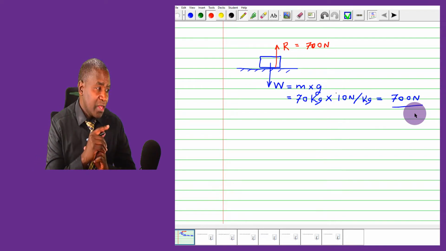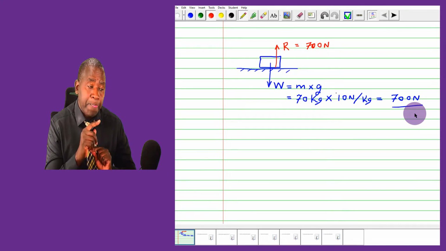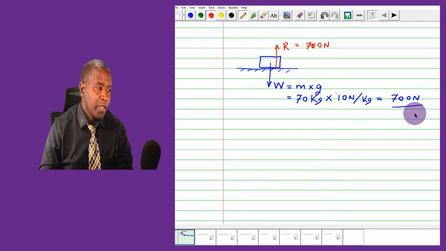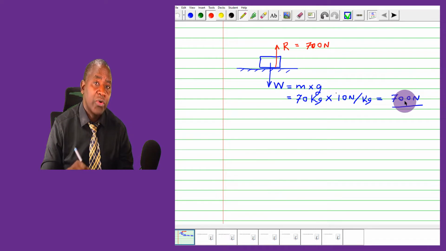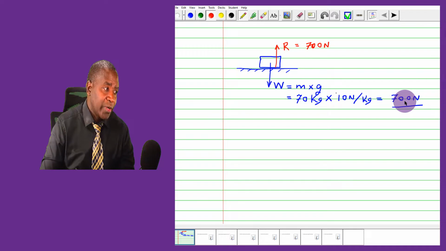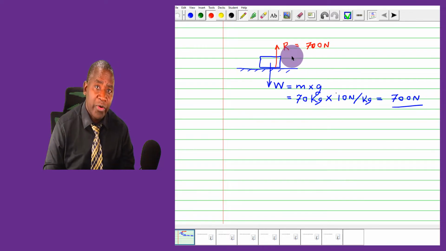We are going to see that that value of R can change. It is not always equal to the weight of the person, especially when that system is not in equilibrium. If that system is in equilibrium, then the two forces are equal and opposite in direction according to Newton's third law of motion. So I want to refer to this force as the normal reaction.